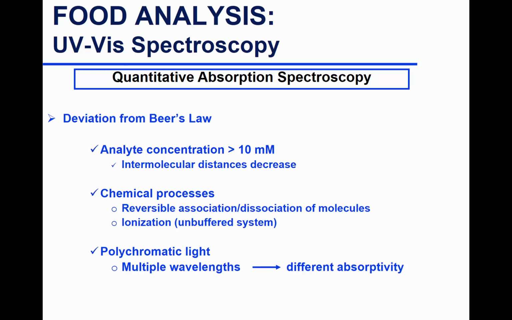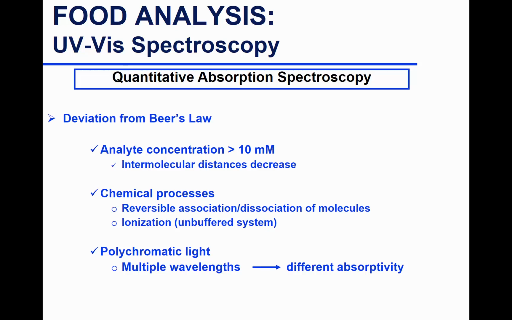That is going to impact the absorptivity of the molecule at a particular wavelength. That's why oftentimes you dilute your sample so that you get into a working range where you know you have a linear relationship and you can use Beer's law.